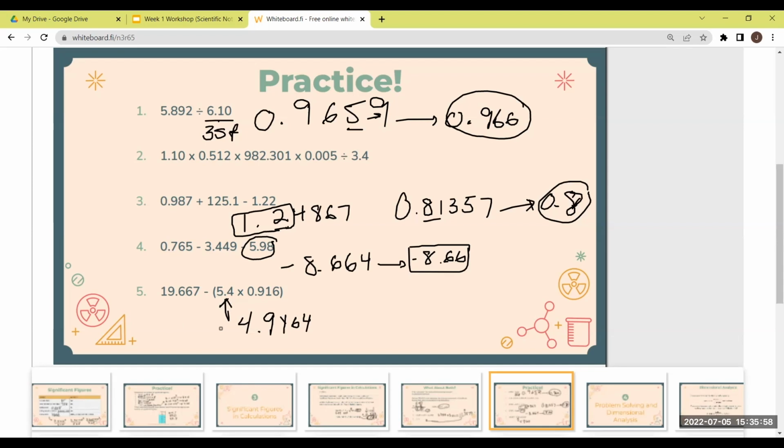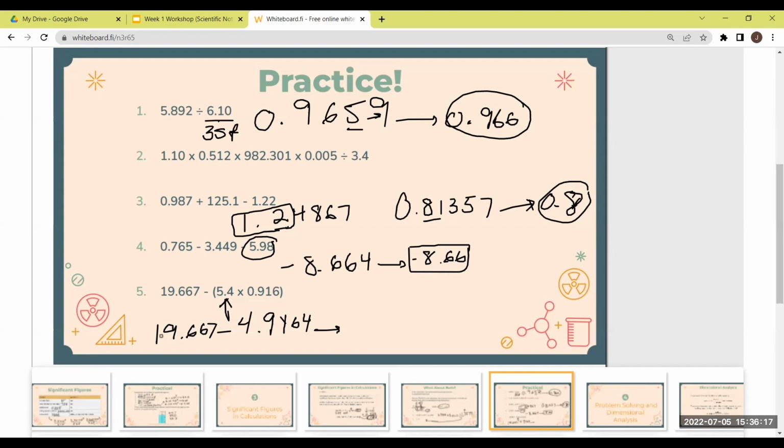And then we're going to carry out our subtraction afterwards. And so because there's only going to be three significant decimal places in this, oh wait, sorry about that.